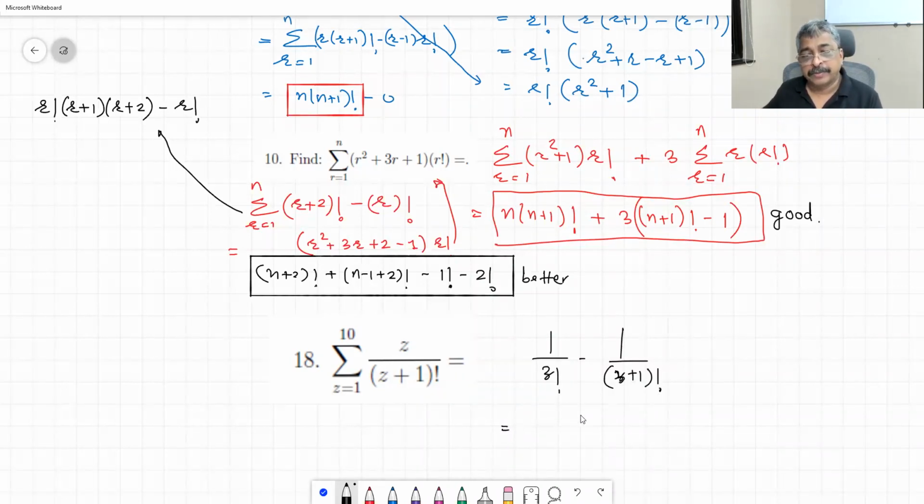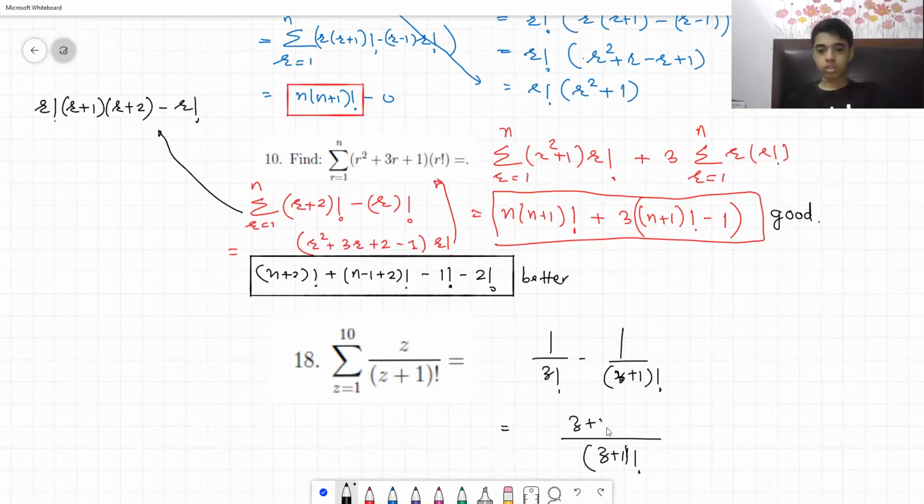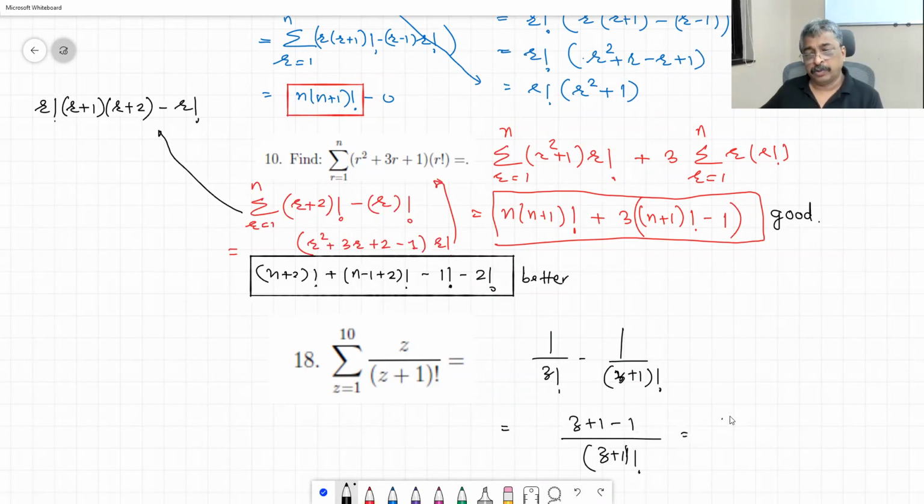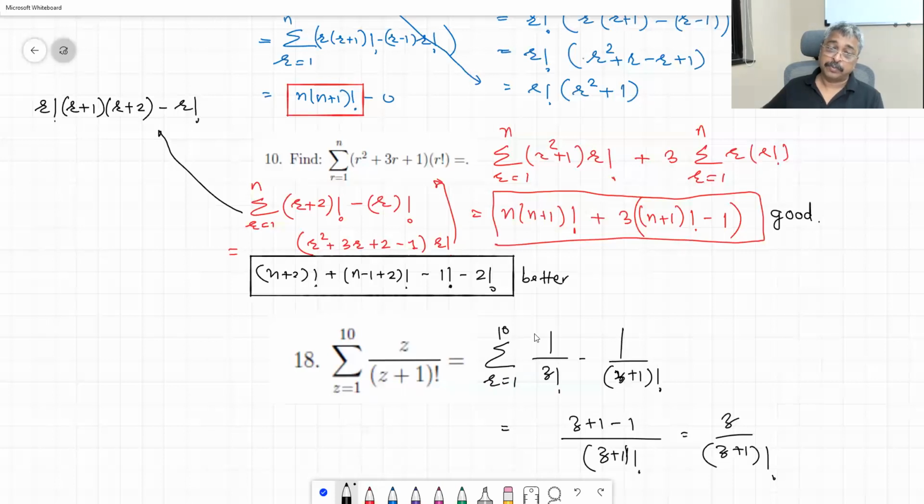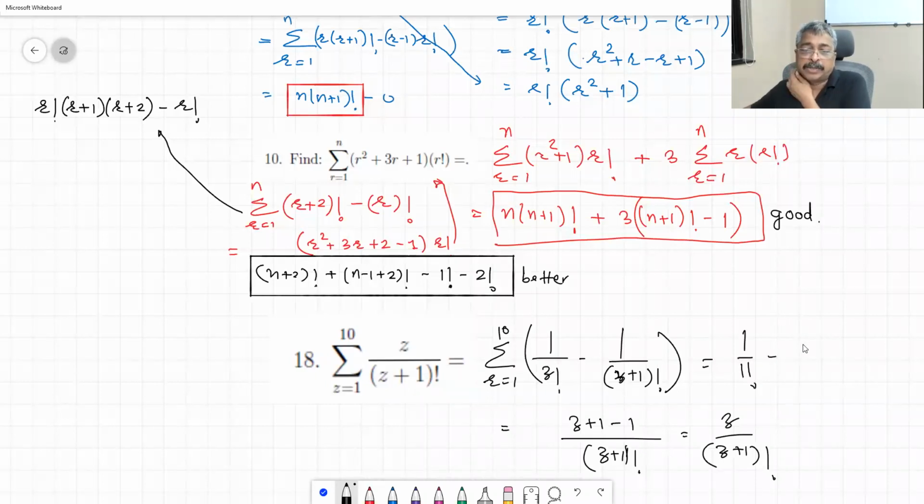Let us simplify. LCM will be (z plus 1) factorial. Correct? Numerator will be z plus 1 minus 1, which is equal to z, upon factorial. So it is given. This is telescopic setup, which is equal to first term 1 upon 1 factorial minus 1 upon 11 factorial. This is your answer.